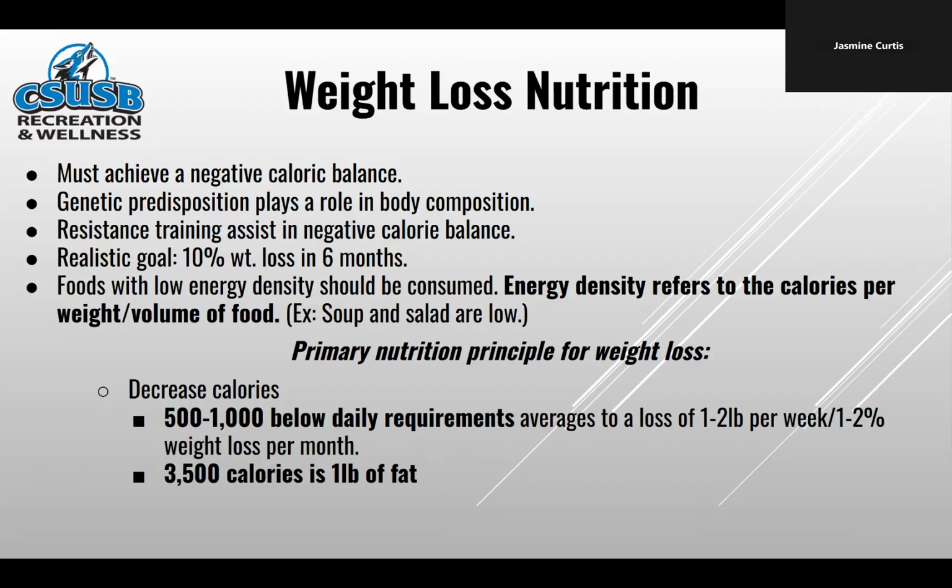Primary nutrition principle for weight loss is we're going to decrease calories 500 to 1,000 below our daily requirements. This averages to a loss of 1 to 2 pounds per week, 1 to 2% weight loss per month. And something we want to remember is 3,500 calories is a pound of fat.